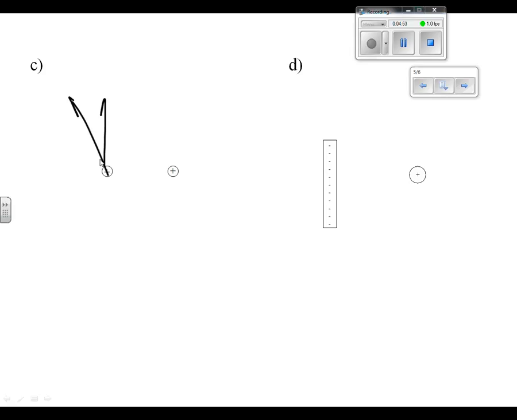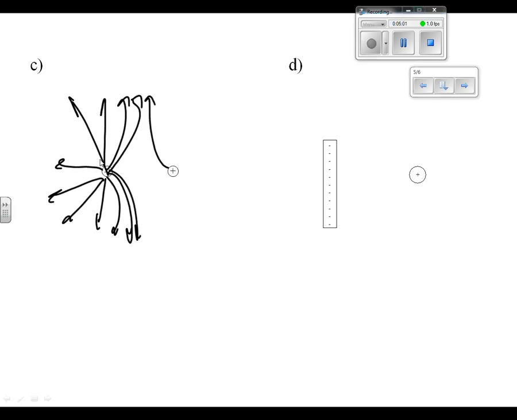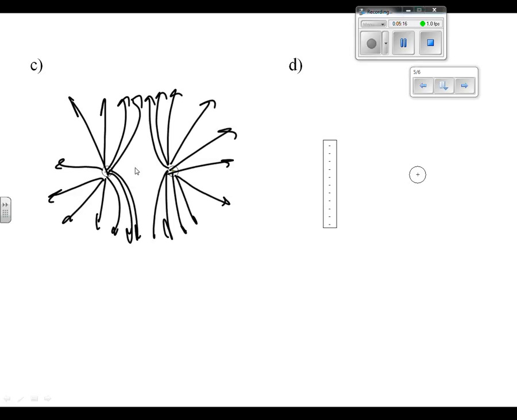Away, away. You've got a region where there is no electric field, right? Or it's actually very weak, right? Why is it weak in here? No, because the density is not very, right? It's not dense. There's hardly any lines in there.